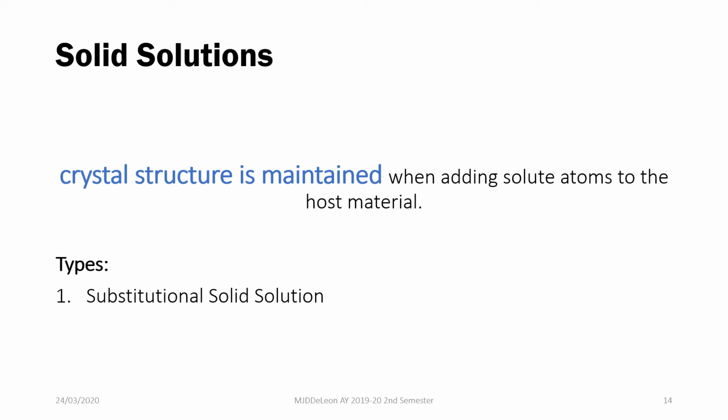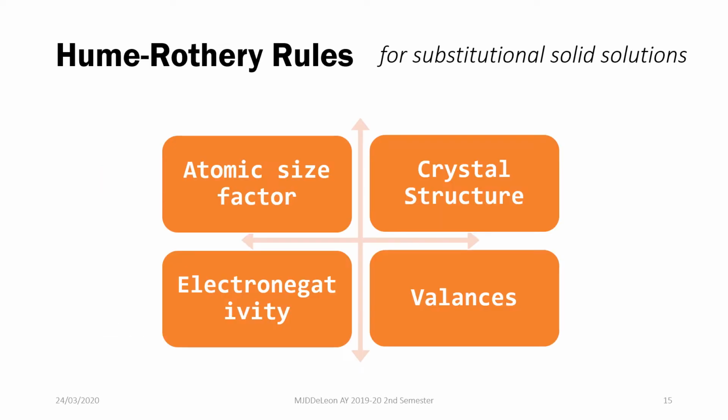So there are two different types. You have your substitutional and interstitial solid solutions. So for substitutional solid solutions, we have the Hume-Rothery rules to dictate whether or not we can create a substitutional solid solution. So first, we have your atomic size factor. The radii difference between two different atoms, the host atom lattice and the impurity, should be less than 15%.